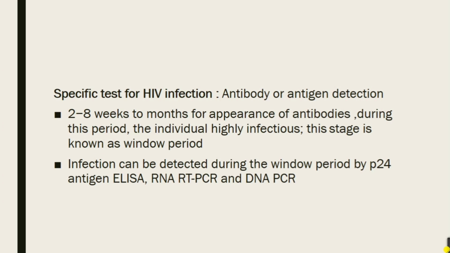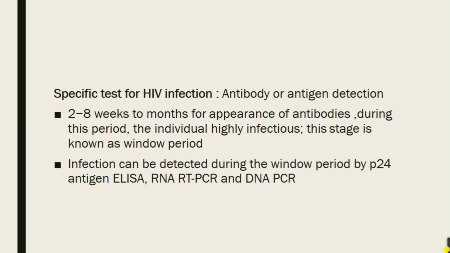During this period, the individual is highly infectious and this stage is called the window period. Infection can be detected during this window period by P24 antigen ELISA, RNA RT-PCR and DNA PCR.